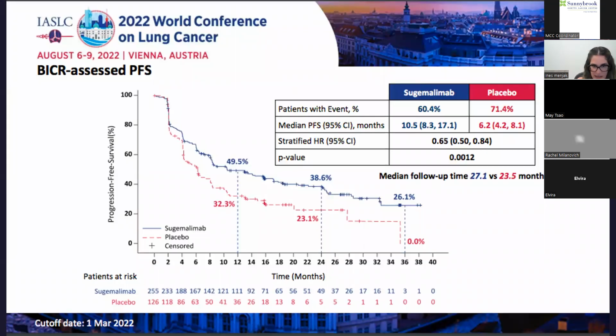The final analysis of PFS met the primary endpoint with a hazard ratio of 0.65 and a statistically significant P value. The median overall survival was 10.5 months in the sugemalimab arm and 6.2 in the placebo arm.